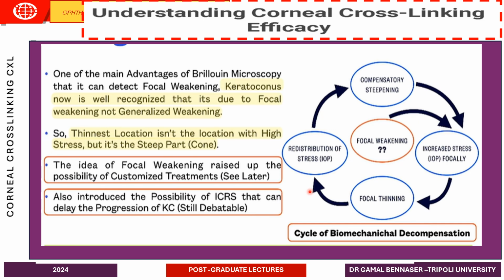Now, the advantage of Brillouin microscopy is that, as we said before, keratoconus is not a global disease of the cornea, but a focal defect in the biomechanics of the cornea.